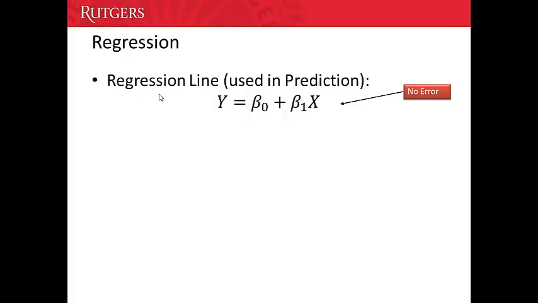So that's why we have the error. And when we make a prediction, we do not include the error. We will base it on the slope and the intercept to make a prediction.